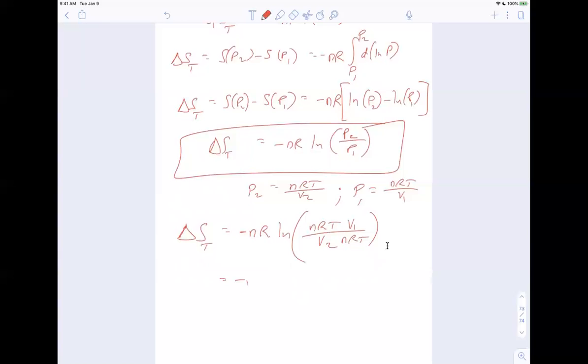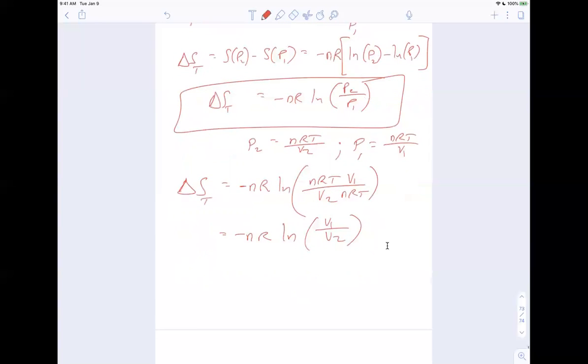So that equals minus nR natural log, the nRT and the nRT cancel in both cases, and we're left with V1 over V2. But now I'm just going to flip the V2 and the V1, and that changes the negative sign to a positive sign: nR natural log V2 over V1.